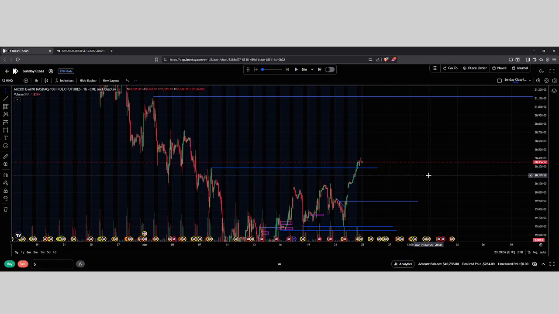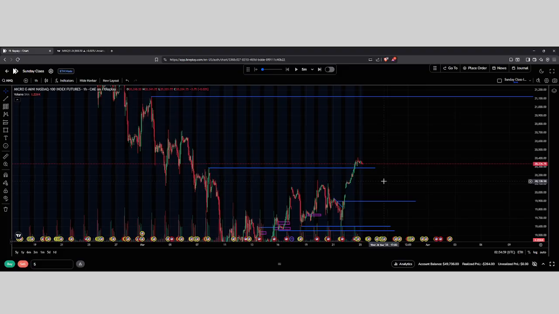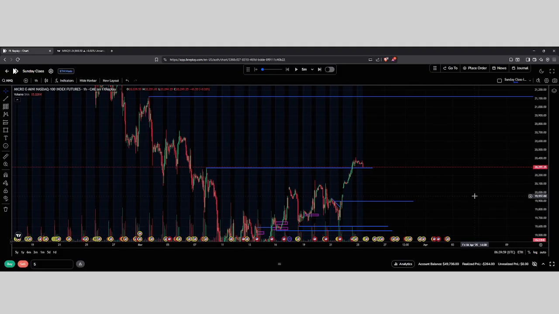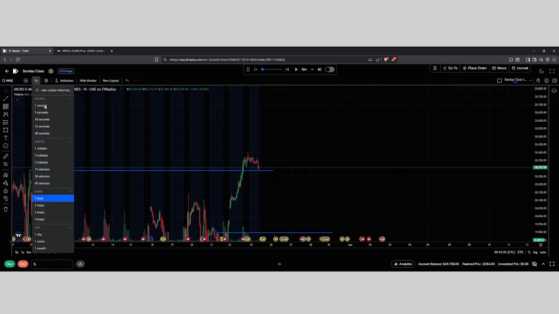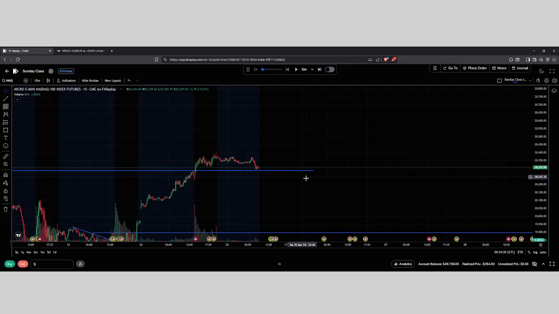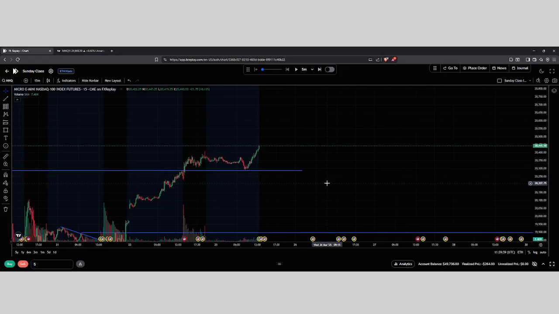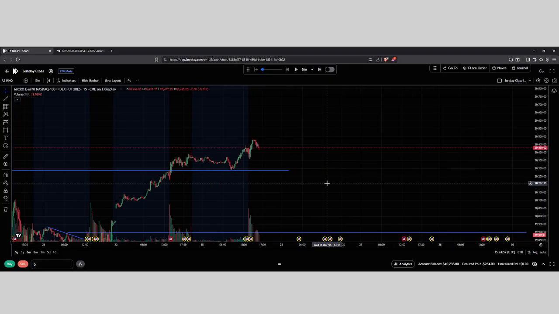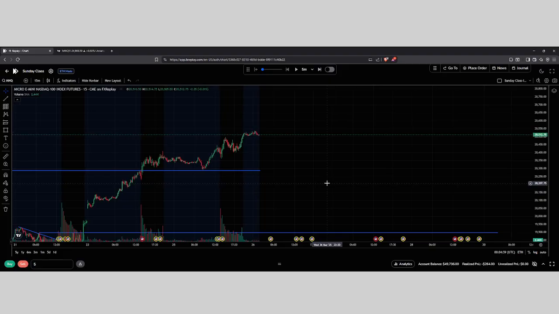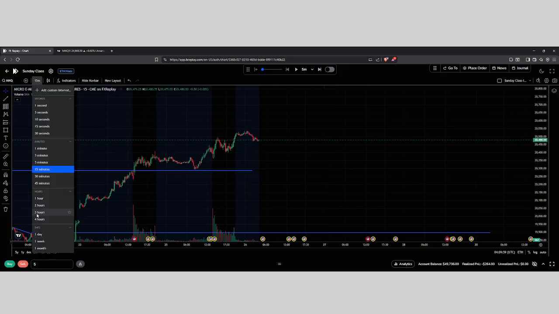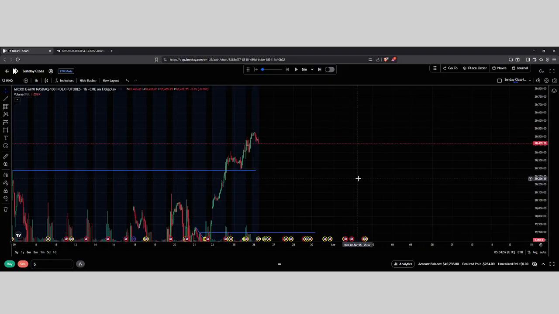Let's just see how price plays out for a bit. Whole lot of not much. Let's do something like the 15 minutes, see what that's looking like. Also a whole lot of not much. So slow grind up. At this point, I just want to look at higher time frames only.